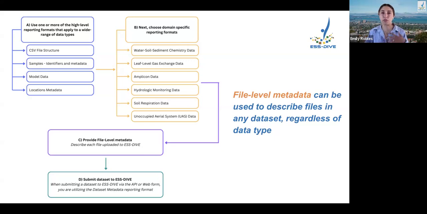And then moving on to more domain-specific reporting formats that are very tailored to certain data types. And that's in step B. And then for step C, we have providing file-level metadata on its own. And so the file-level metadata reporting format can be used to describe the files in any data set, regardless of the data type or previously chosen reporting formats. So that's its own step, regardless of steps A and B.